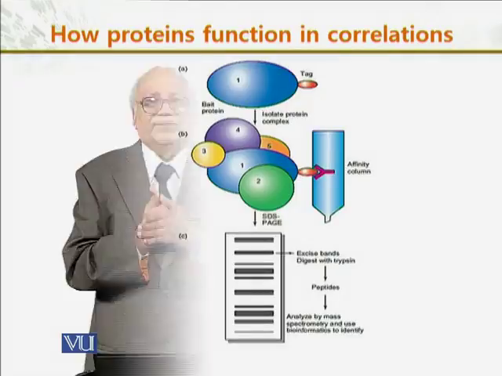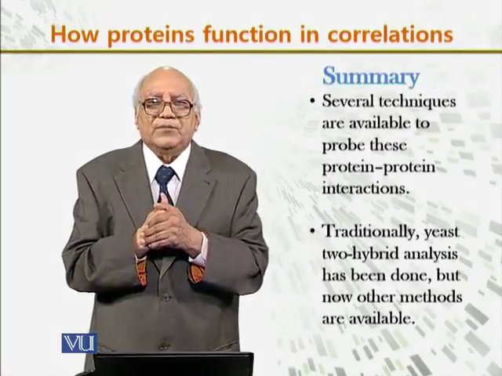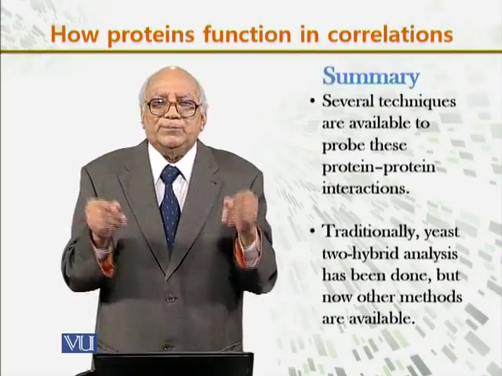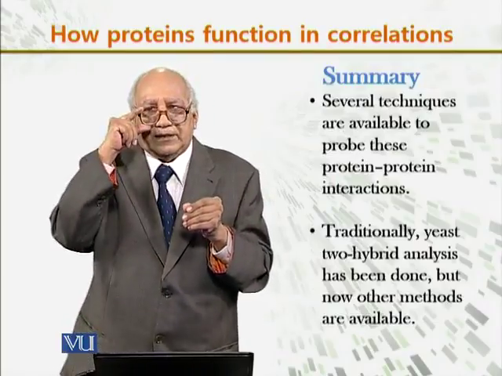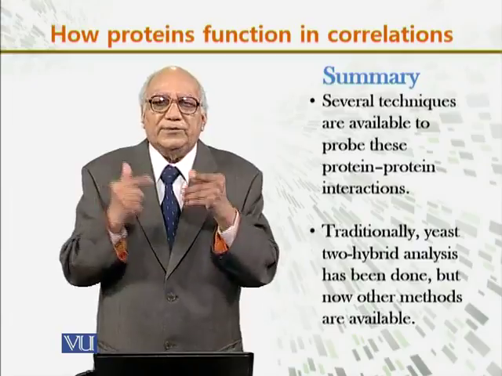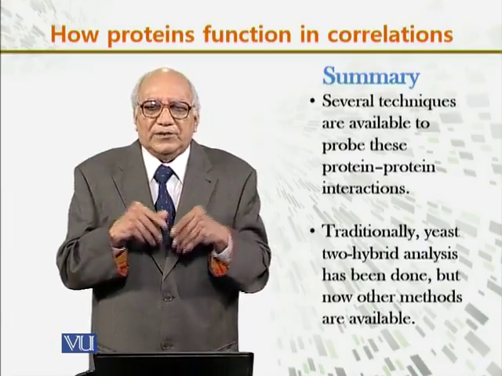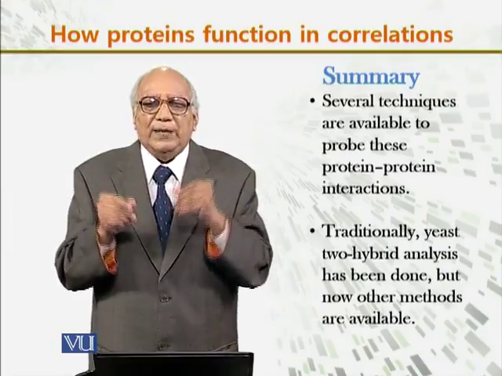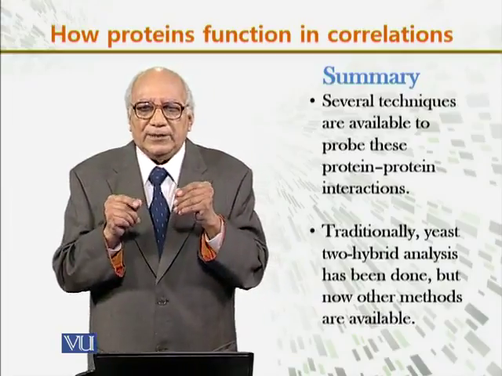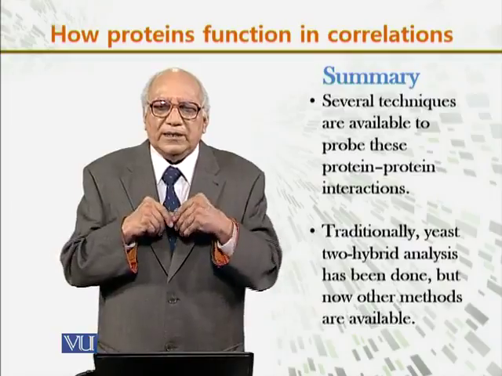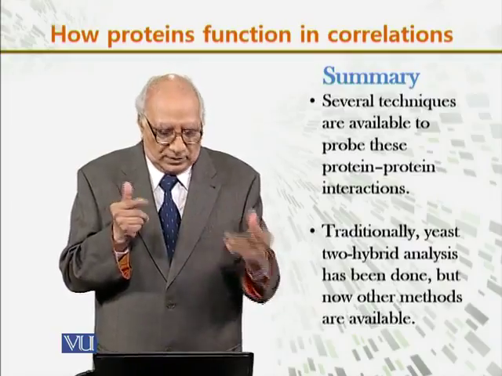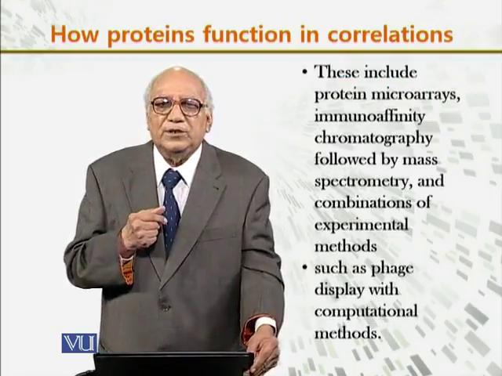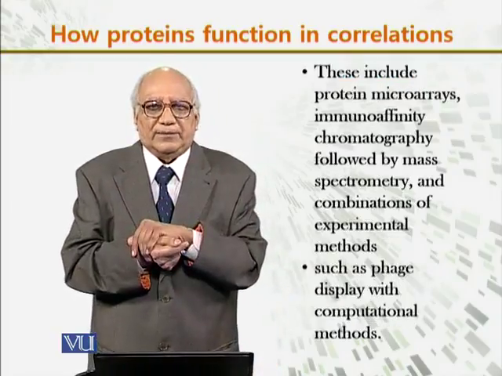So in summary, several techniques are available to probe protein-protein interactions. There are different techniques, as we have discussed earlier. Traditionally, yeast two-hybrid analysis has been done, but now other methods are also available in addition to the yeast two-hybrid method.